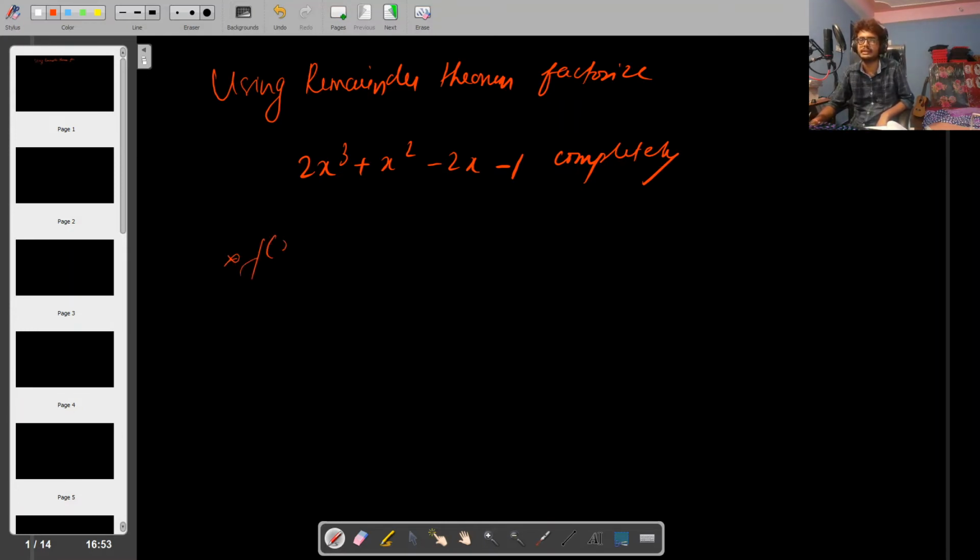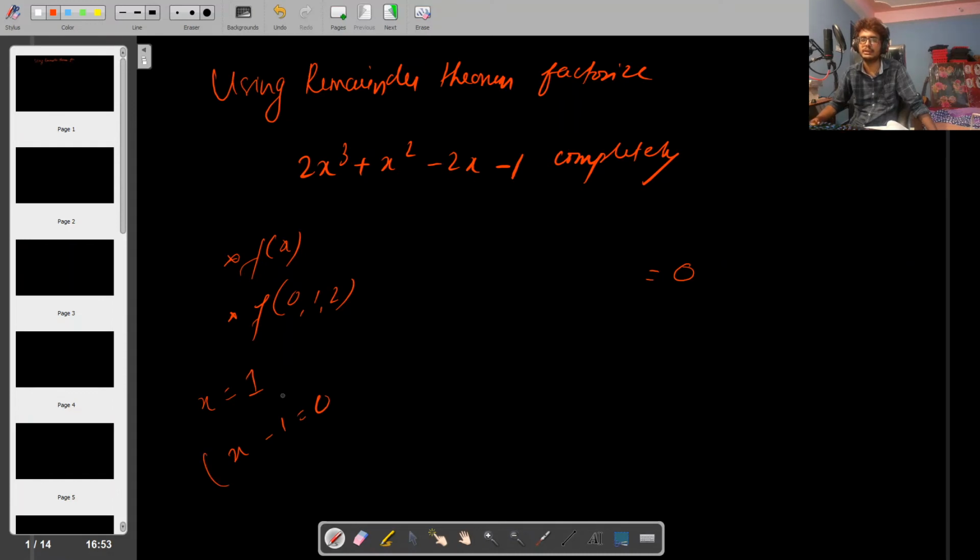First take this as fx, then try putting some values of x like 0 or maybe 1 or 2. Whichever value you try, you'll get the remainder as 0. That is the value of x for which the expression can be completely factorized. If I get the value of x as 1, bring the x to the other side: x minus 1 equal to 0.